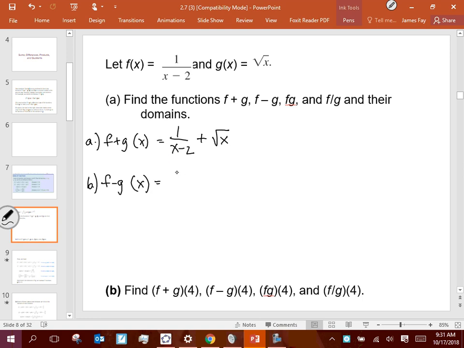So f was 1 over x minus 2, minus the root of x. Is that pretty easy? All right, I'm going to do one that's not up there: g minus f, because that's different. g minus f would be root x minus 1 over x minus 2.